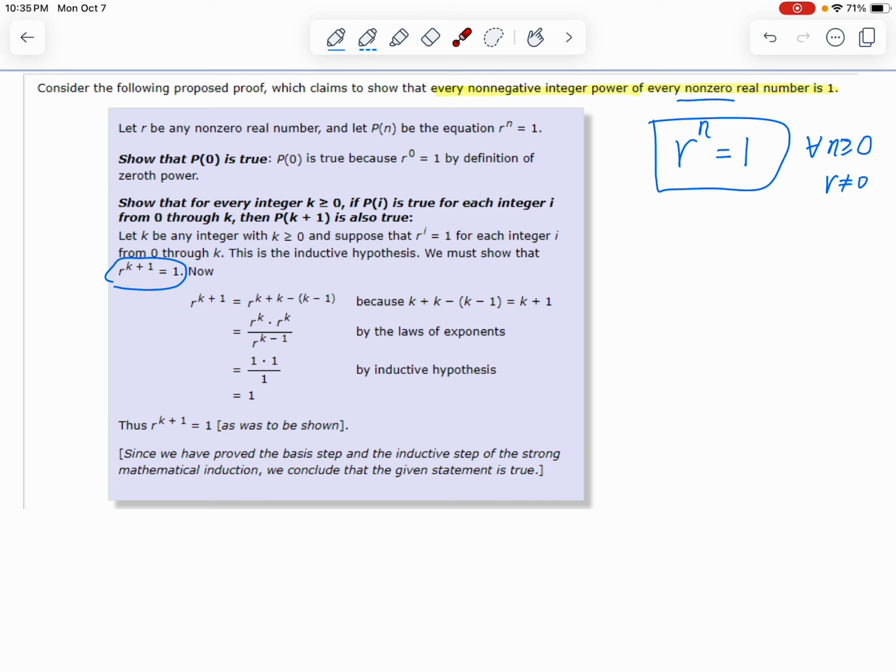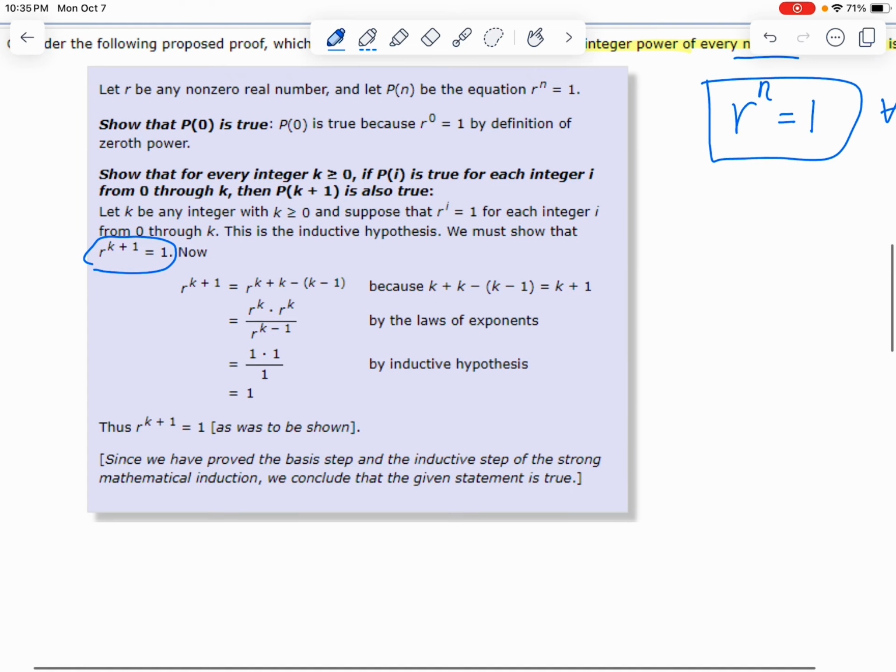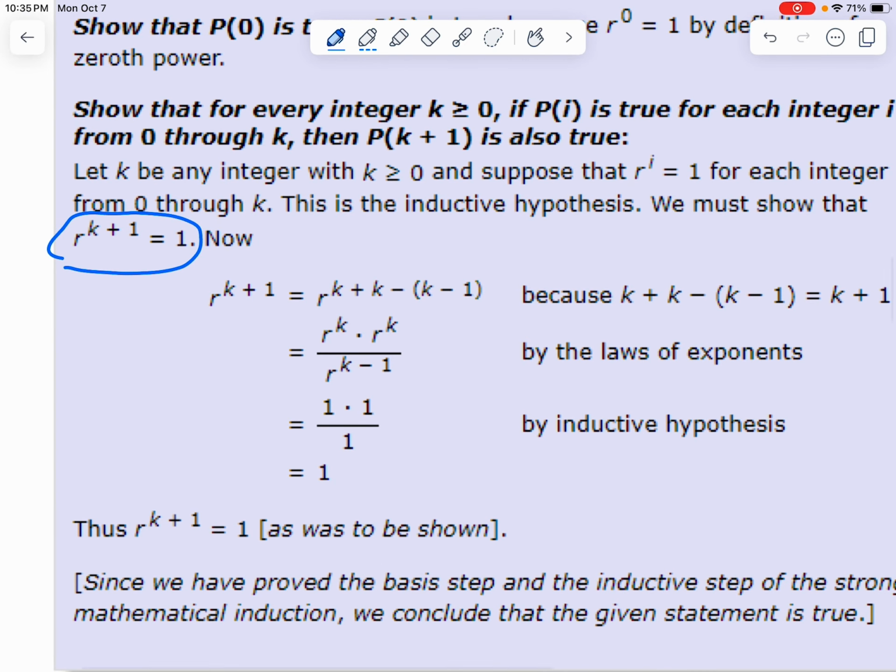Now the next step is to use the negative exponent. When you have a negative exponent, that means it's going to be in the denominator. So let me explain. When you see this plus sign, that means you have r to the k times r to the k. I see no problem here.